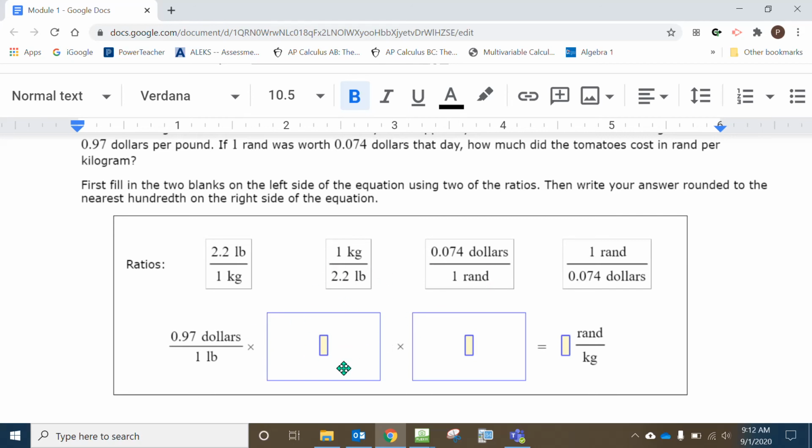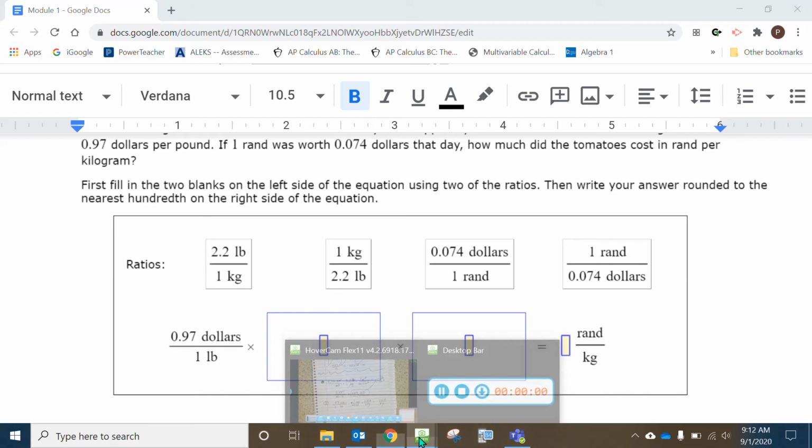You can put these two in any order. Let's just say I want to get rid of the dollars first. So if dollars is on the top, then dollars has to go on the bottom. So we're going to use this 1 rand to dollars right here. And over here, we want to get rid of pounds on the bottom. I'm sorry, pounds is on the bottom. So to get rid of it, we have to put pounds on the top here. So it's going to be 2.2 pounds to 1 kilogram.